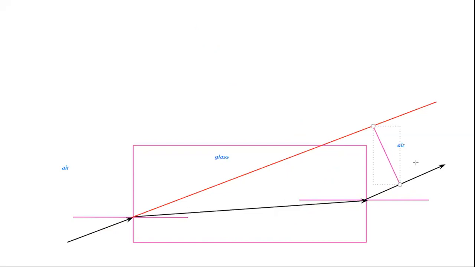So this is what happens in a glass slab. If you allow any ray of light to pass through the glass slab, it passes through it and then comes out, which is termed as the emergent ray, and we see a lateral displacement between the incident ray and the emergent ray.